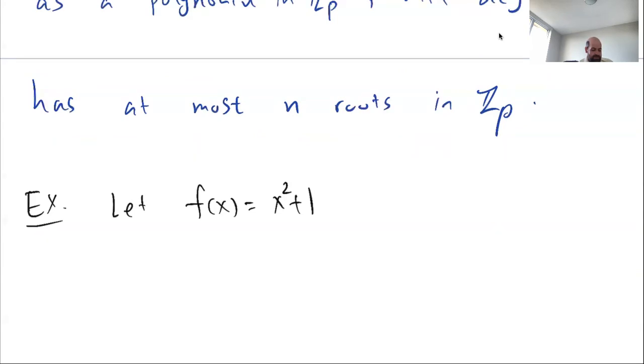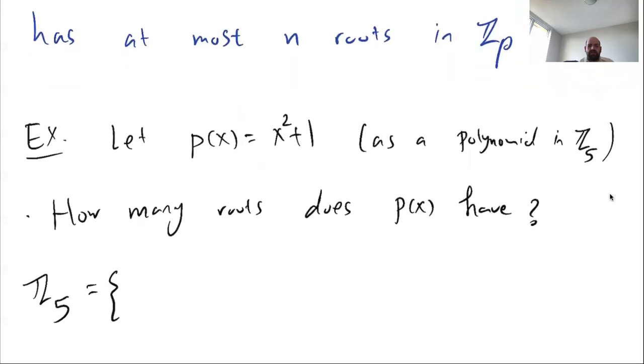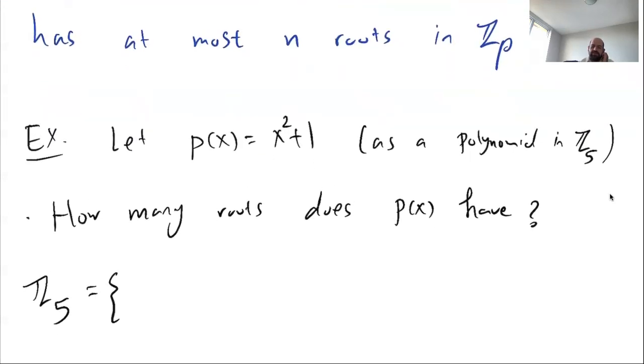How many roots does p of x have? So Z5, we know that. What is the meaning of Z5? Z5 is a set. Z5 means the set consisting of 0, 1, 2, 3, and 4.